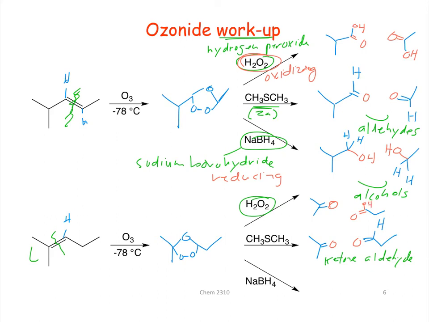The bottom one, if we use the reducing conditions, instead of the ketone, we get a secondary alcohol, and instead of the aldehyde, just like up above, we get a primary alcohol.